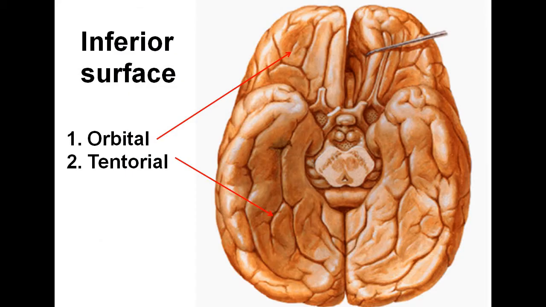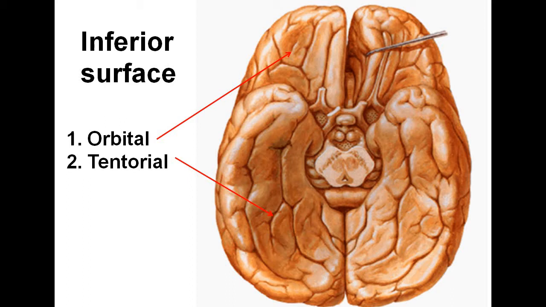The third surface is the inferior surface, which is irregular. It is divided into an anterior part called the orbital surface, and a larger posterior part, the tentorial surface. The two parts are separated by a deep cleft called the stem of the lateral sulcus.